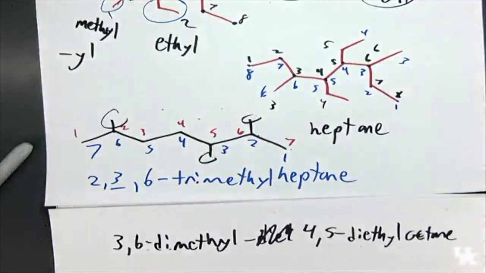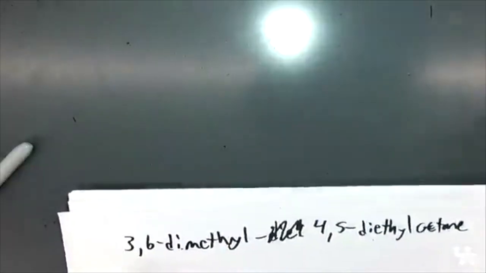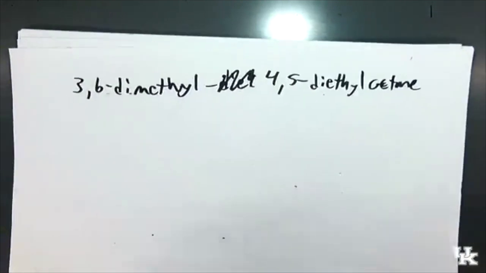One last thing, because like I said, I'm trying to go through this a little faster, just because I wasn't here Tuesday. The last thing I will talk about is what's called complex substituents. And complex substituents are ones that don't have a simple name. Okay?